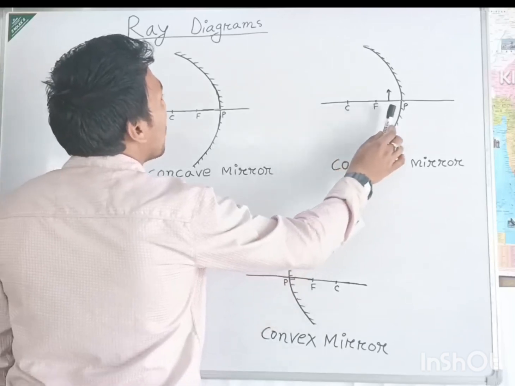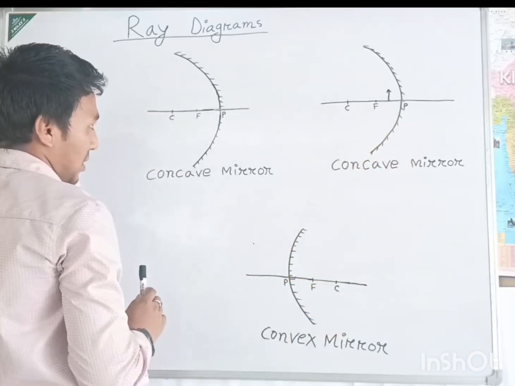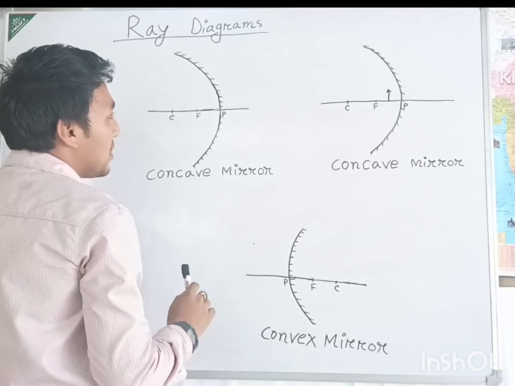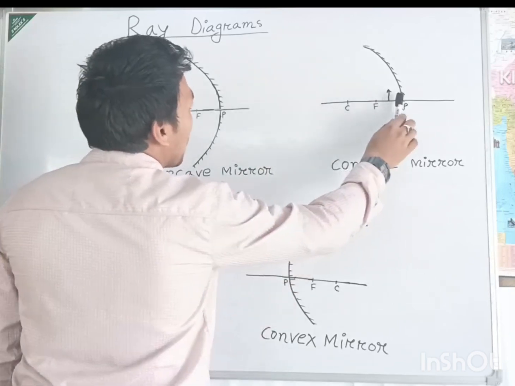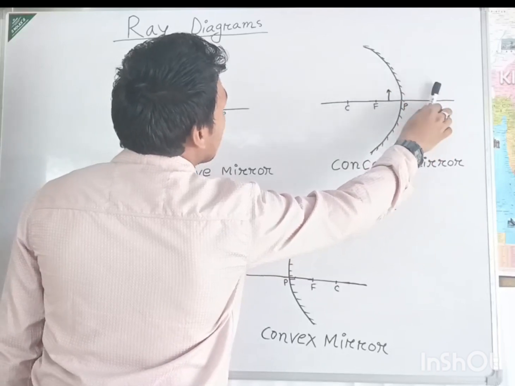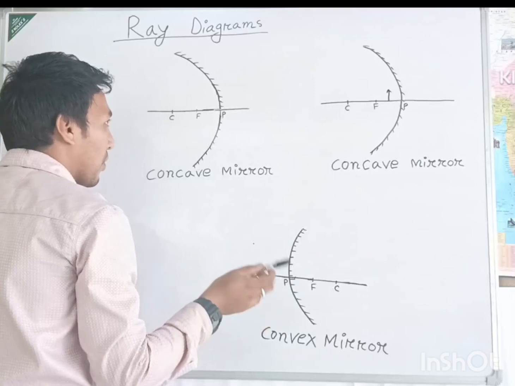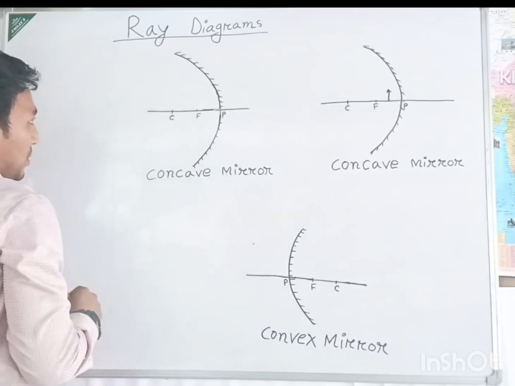Only when you keep the object in between pole and focus will you get the virtual image. Remember this. And a virtual image you always get on the right side of this mirror. This is the left side, and on the right side you will get the virtual image, and real images are always on the left side of the mirror.